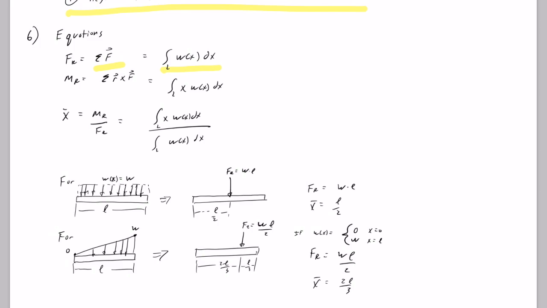Our resultant moment, the sum of all the moments on the system, can also be described as the integral of x times the distributed load w(x) dx over the length of that load. And then here's our equivalent force. The equivalent position is the equivalent moment divided by the equivalent force. And right here, that's just taking those two integrals and putting one on top of the other.